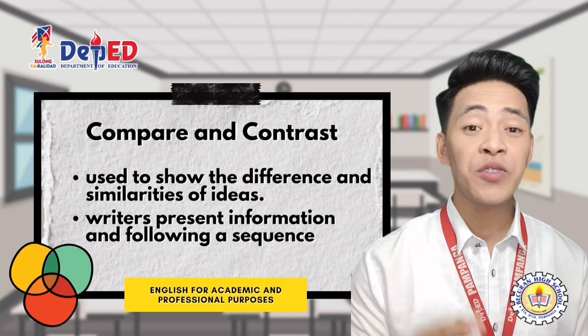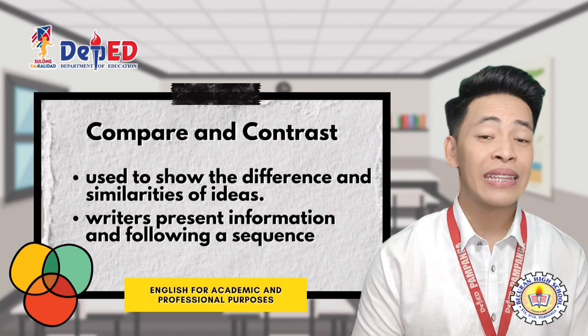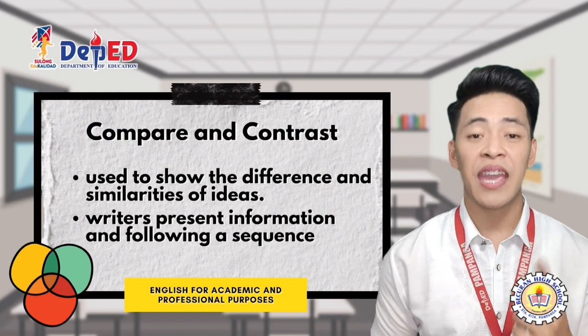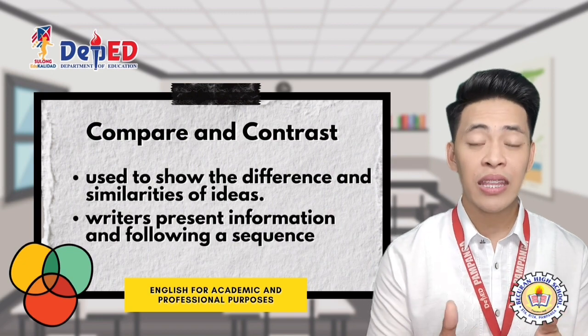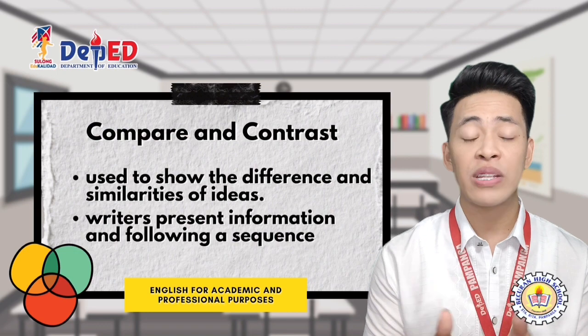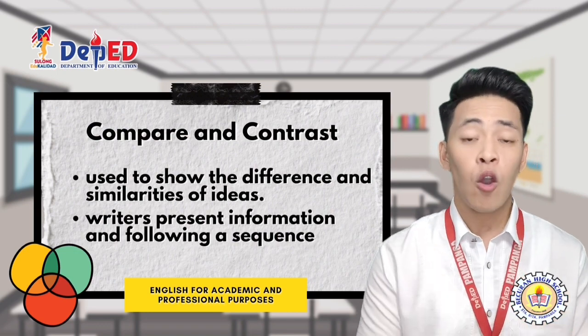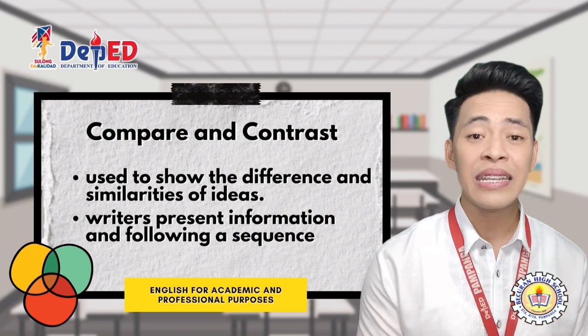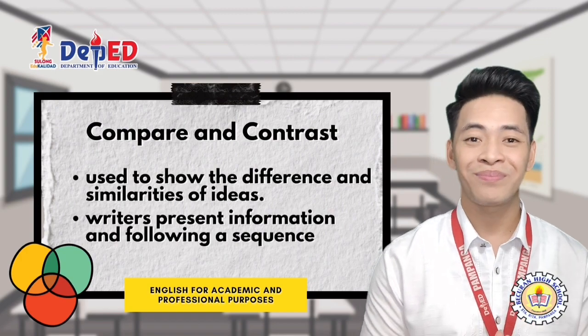Now, it is up to the writer whether he will present the first idea or the second one first. And then after that, he will compare it to the other, and then he will show their similarities or differences, or vice versa, by listing them one by one.